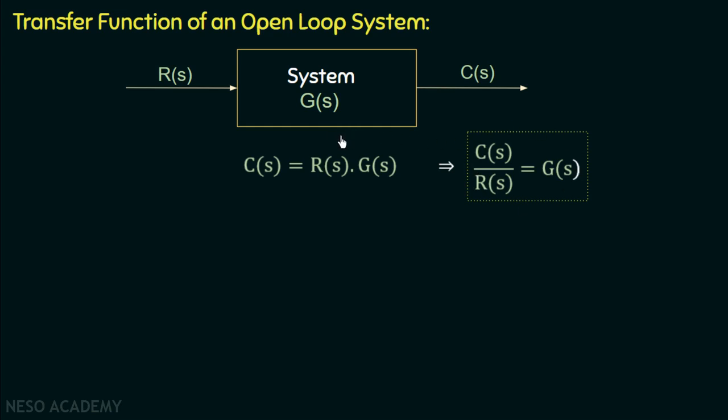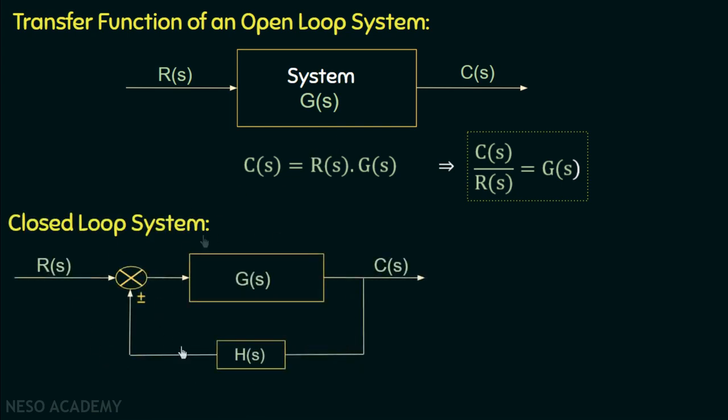Now, if we consider a closed loop system, then we have this closed loop system in which the reference input is R(s), G(s) is now the forward path transfer function, C(s) is the controlled output, and this is the feedback element. And we know that the feedback element is the differentiating factor between a closed loop system and an open loop system. There are two types of feedback in case of a closed loop system.